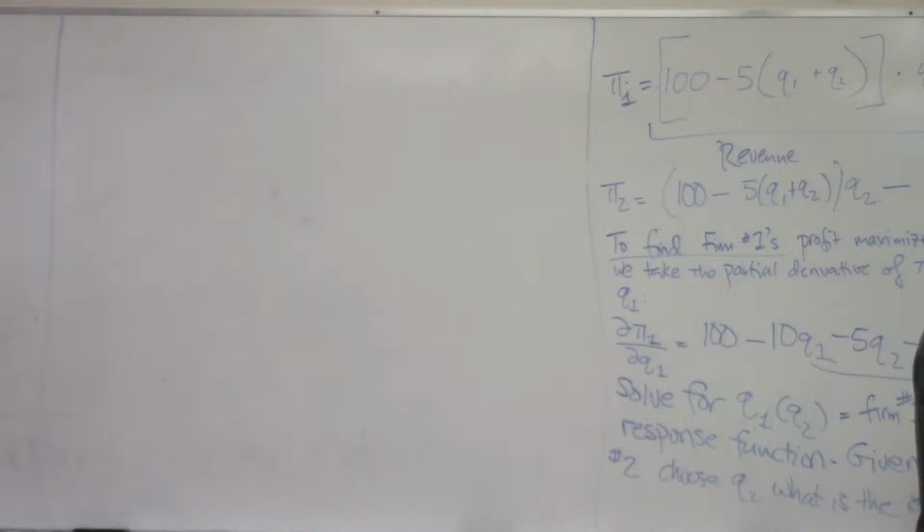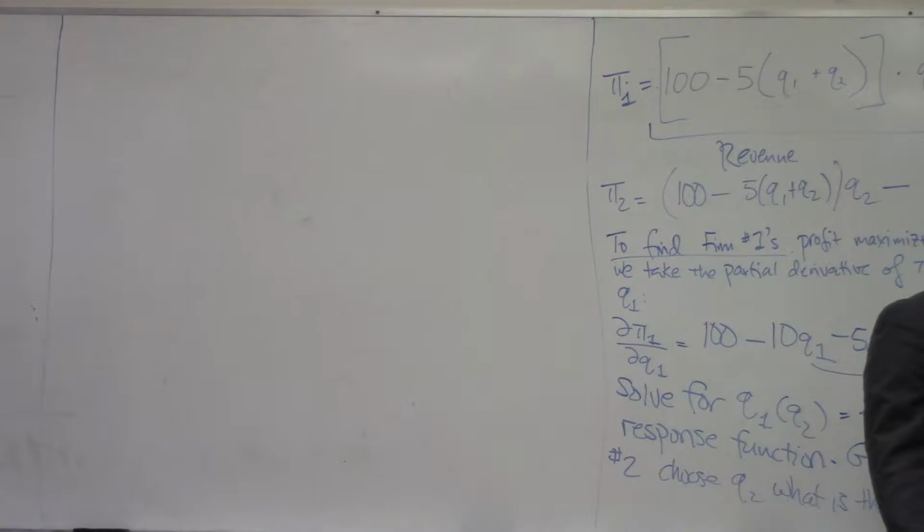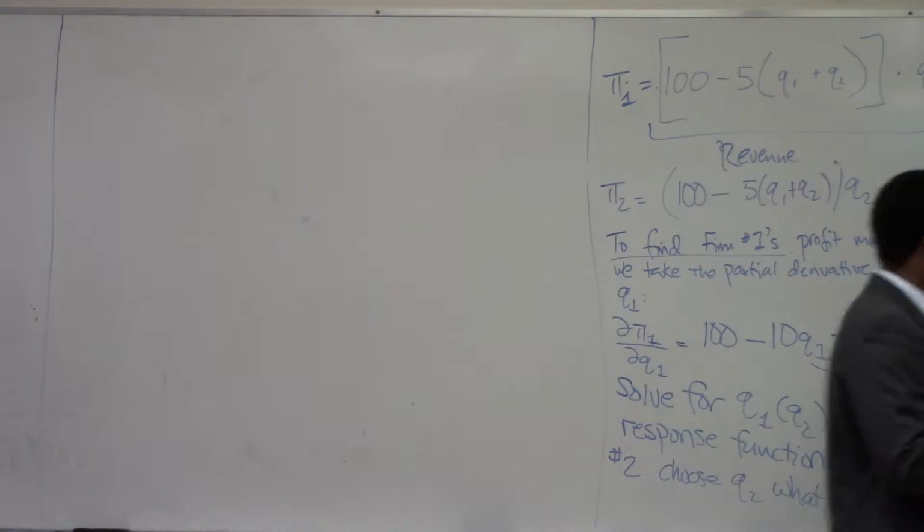Equation 3. Because we know that when firm 1 best responds to firm 2's best response, we get Q1 star equals 6, right? And so now we have to figure out what is firm 2's best response to that equilibrium best response of firm 1.